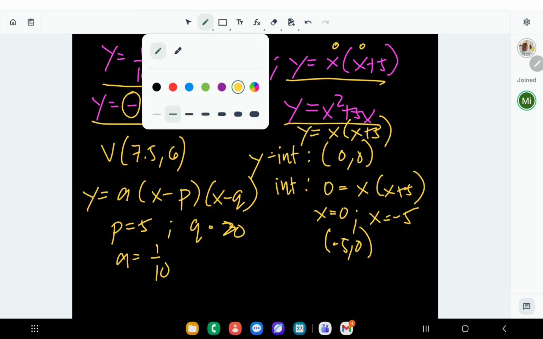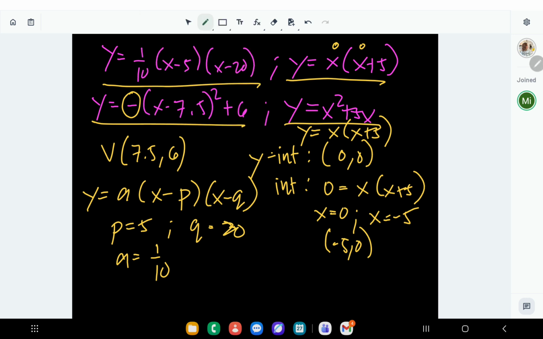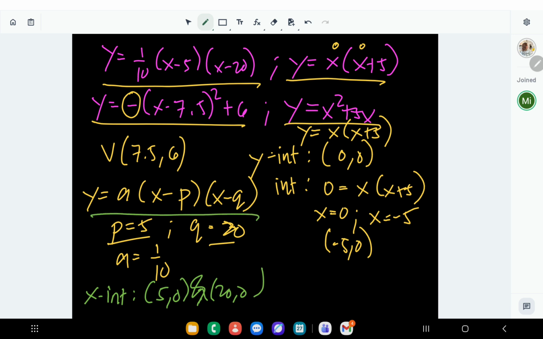Okay, so for this one, let's finish the first function first. So the x-intercepts are (5, 0) and (20, 0), right? So this is in factored form. And then the vertex, we can also find the axis of symmetry.